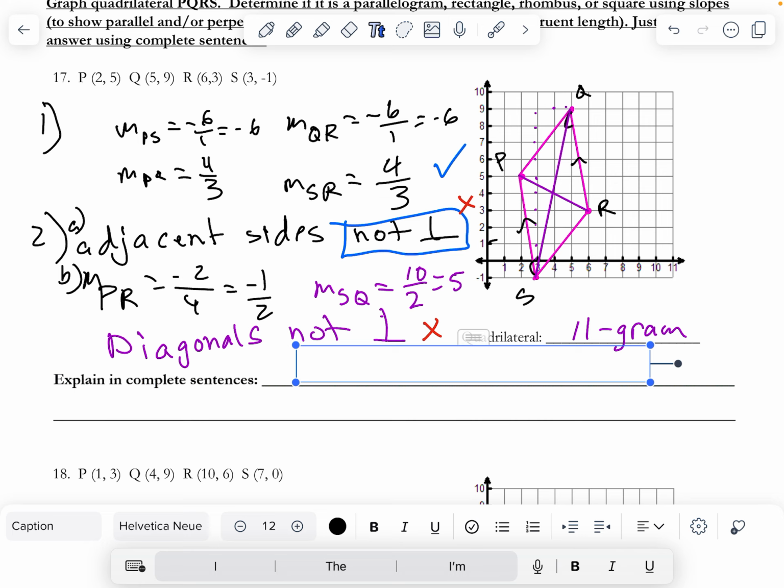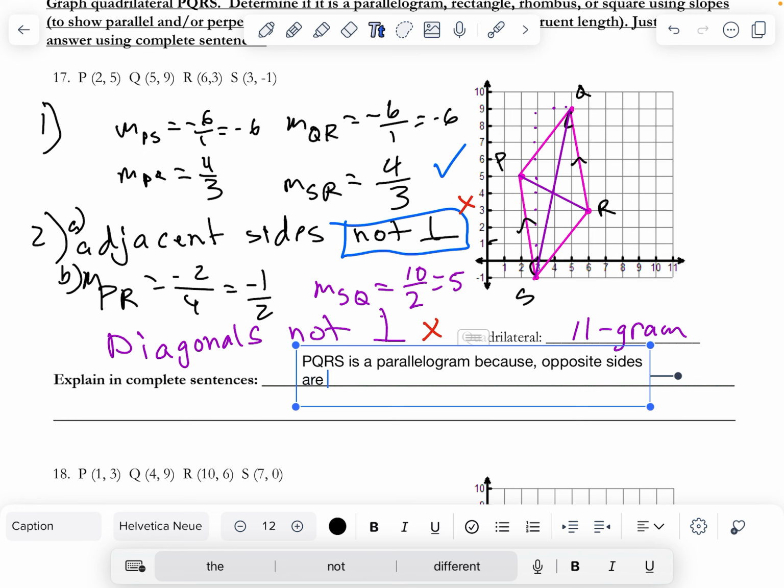I would say, maybe you can start it with because if you wanted, but you could say, TQRS is a parallelogram because we're going to say opposite sides are parallel, but adjacent sides, did I not spell that right?